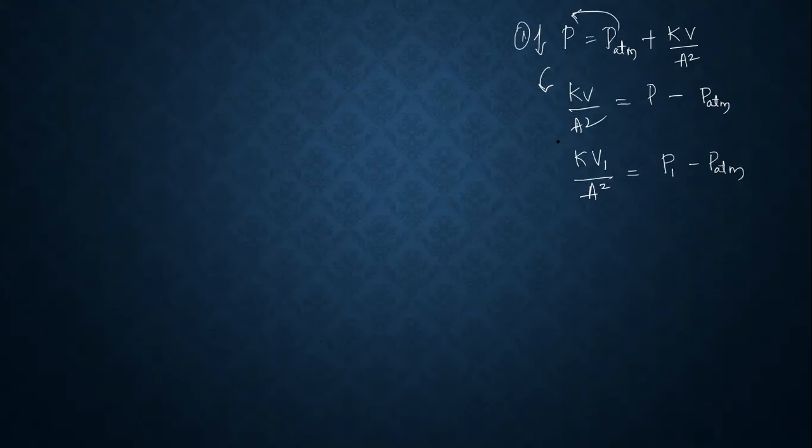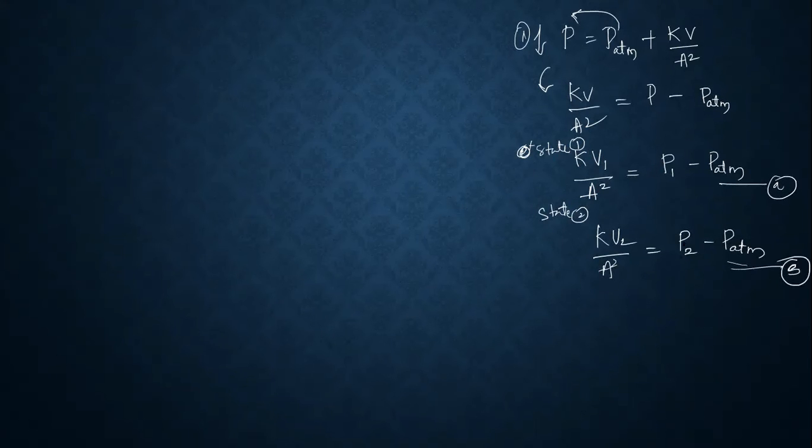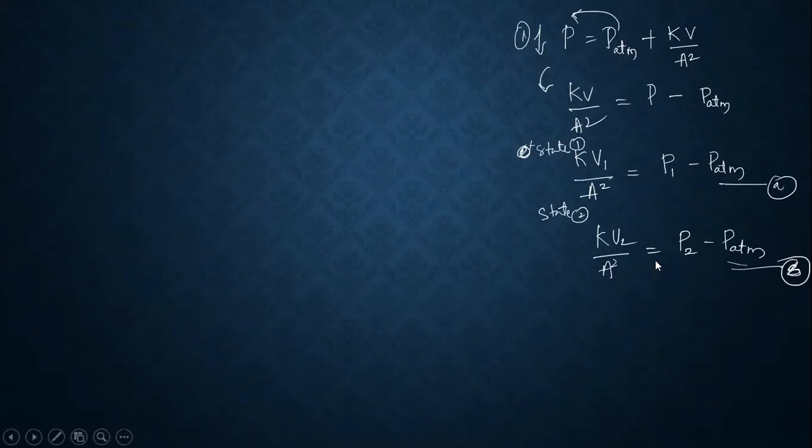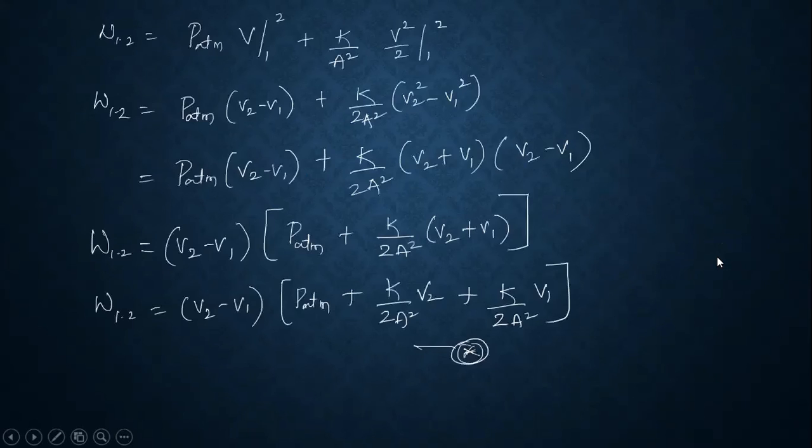Yes, this is for the first state, or state 1. For state 2, I can write kV2 by A square is equal to P2 minus P atmosphere. That means this is in terms of state 1, and this is in terms of state 2. Now in the star equation, kV2 by 2A square is half of P2 minus P atmosphere.